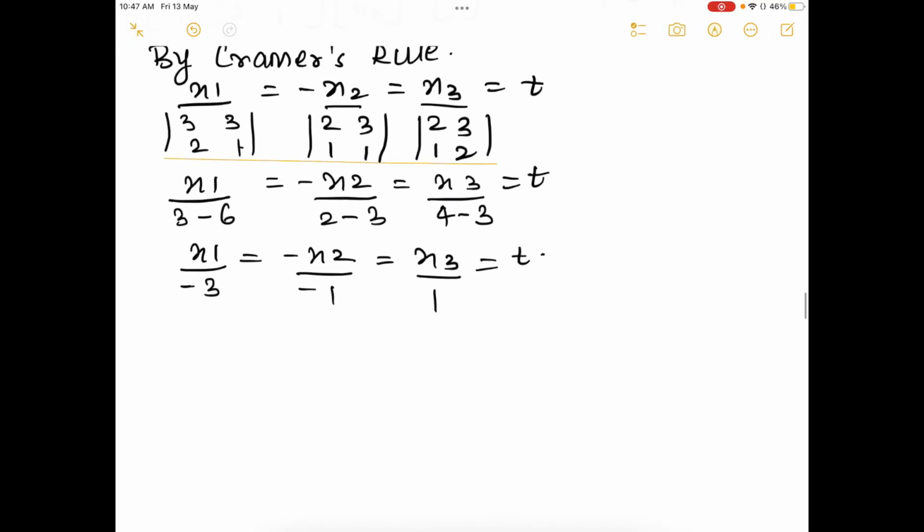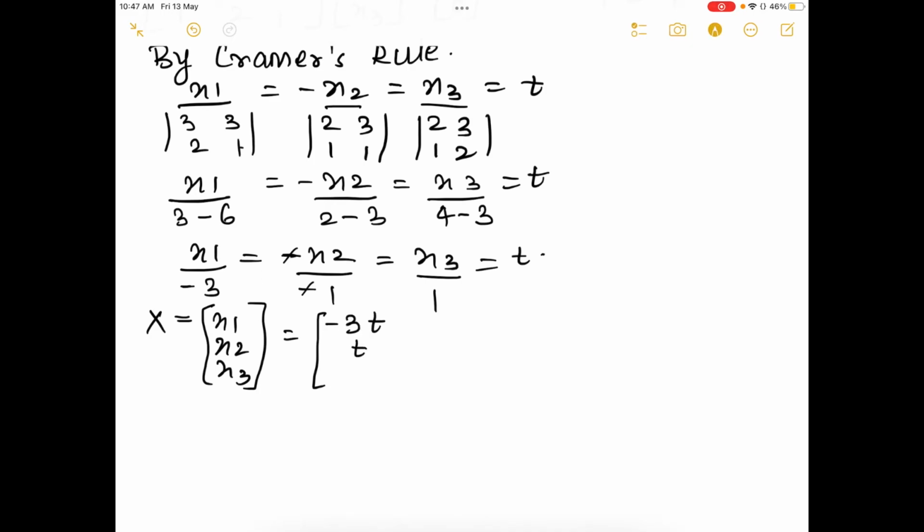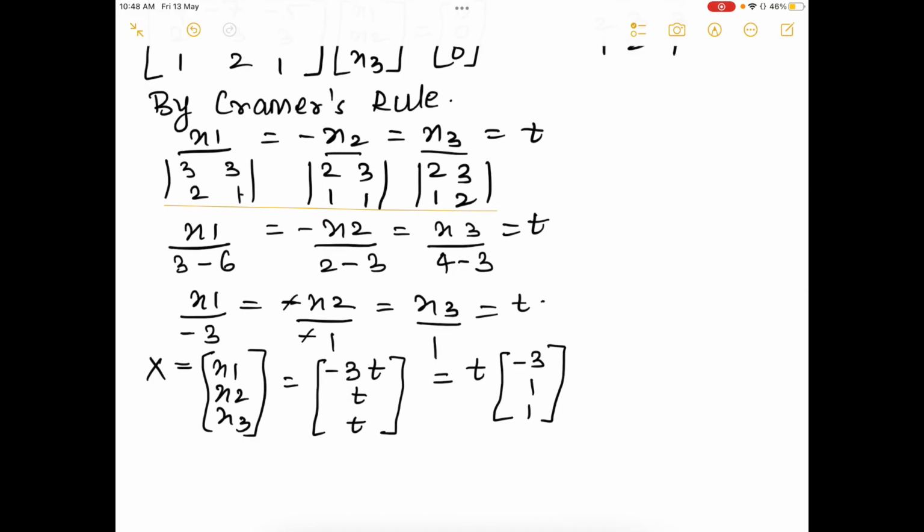As I mentioned earlier, x1, x2 and x3 are represented by big X, and all of them are going to be equal to, remember x2 will have minus 1 to it already, so the signs cancel. So this will be minus 3 into t, t and t. If we take t outside, we get the values minus 3, 1 and 1, because we're just getting a single value. That means the eigenvector is x1, x2, x3 equal to minus 3, 1 and 1.